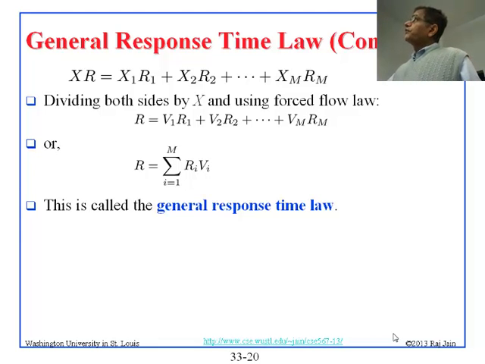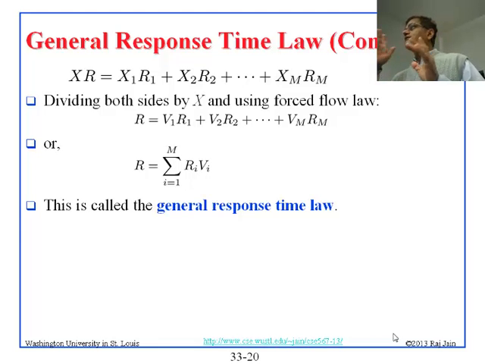Therefore, if you take this and divide by X, you get R is equal to the sum of Xi Ri upon X. Xi upon X is Vi. Now think about why Xi upon X is Vi. You really need to read this chapter very carefully. I'm going a little bit fast here.